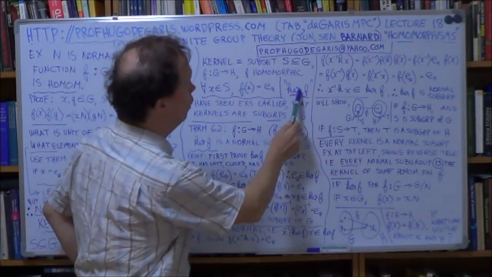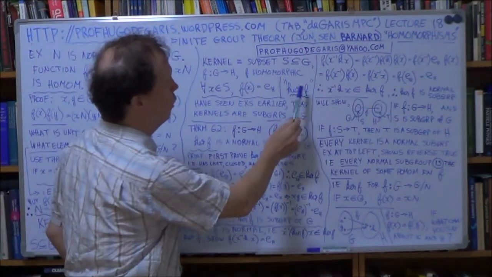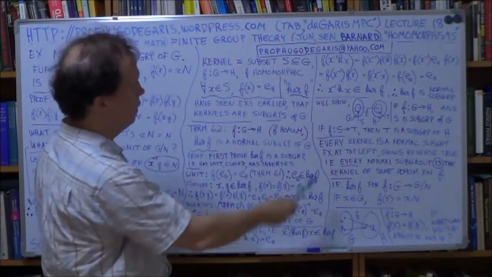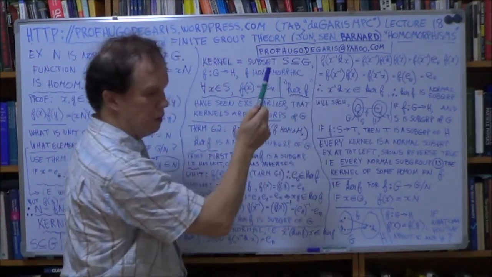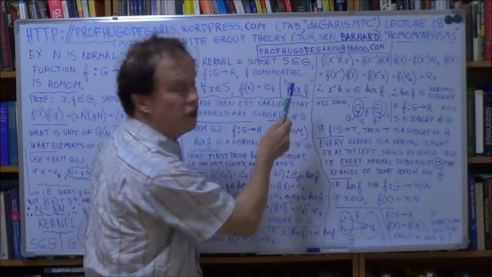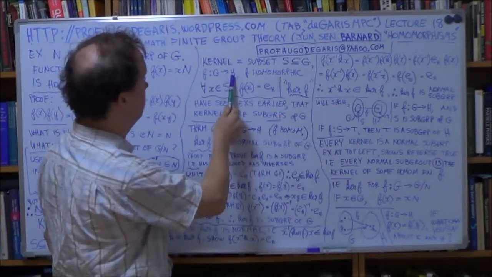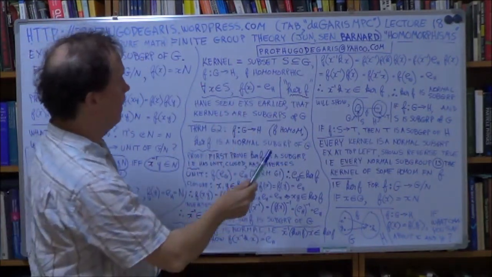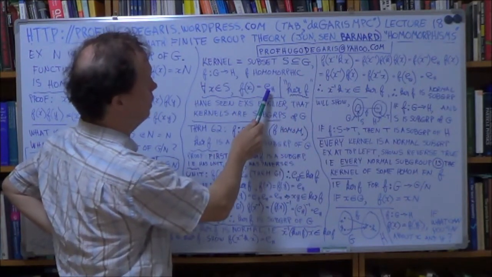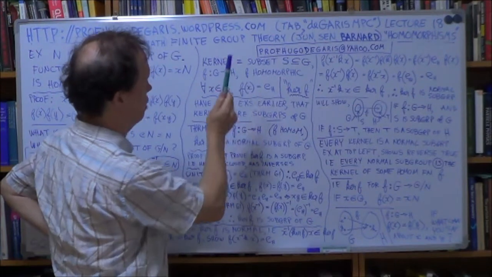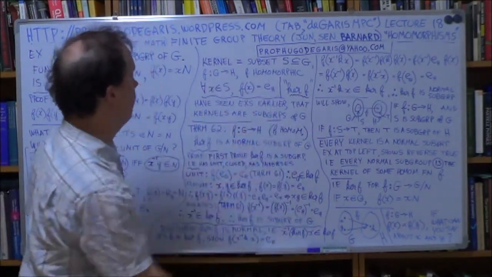So it's the kernel of F. If you see the expression Ker F, it just means the subset of G that when you map it using function F into group H, all its elements will map into the unit E of H, not G, the unit of H.